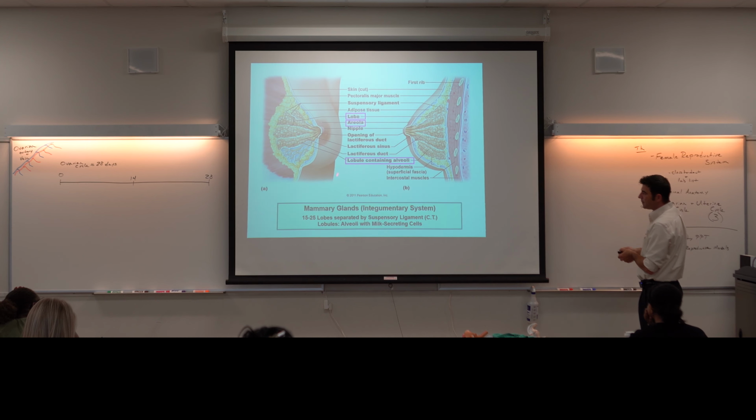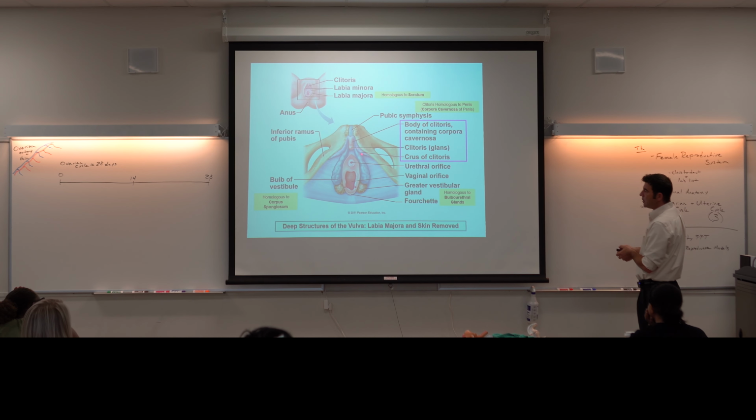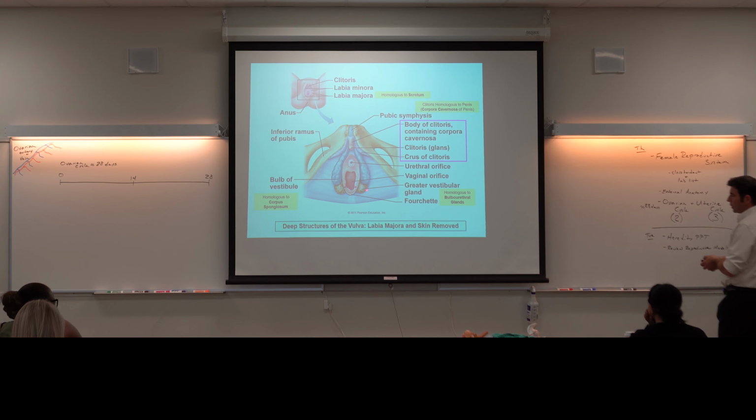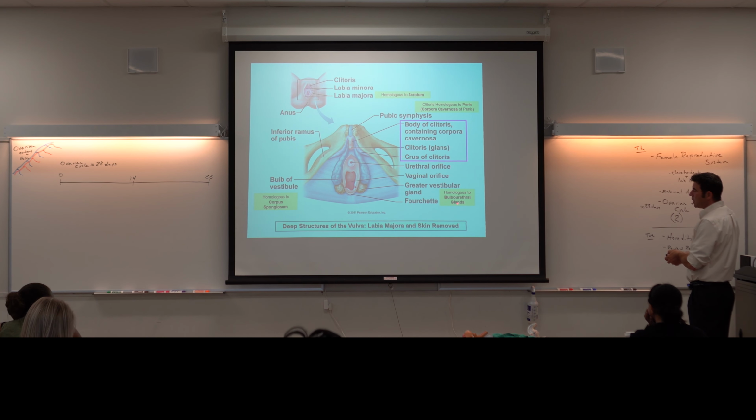It is flanked on either side by patches of erectile tissue that we used to call the corpus spongiosum in males, but instead of calling it corpus spongiosum in females, it's called the bulb of the vestibule. So there's one of these models over here that shows clitoris, it shows vestibular bulb, and then beneath that is this greater vestibular gland that we said was homologous to bulbourethral gland in males.